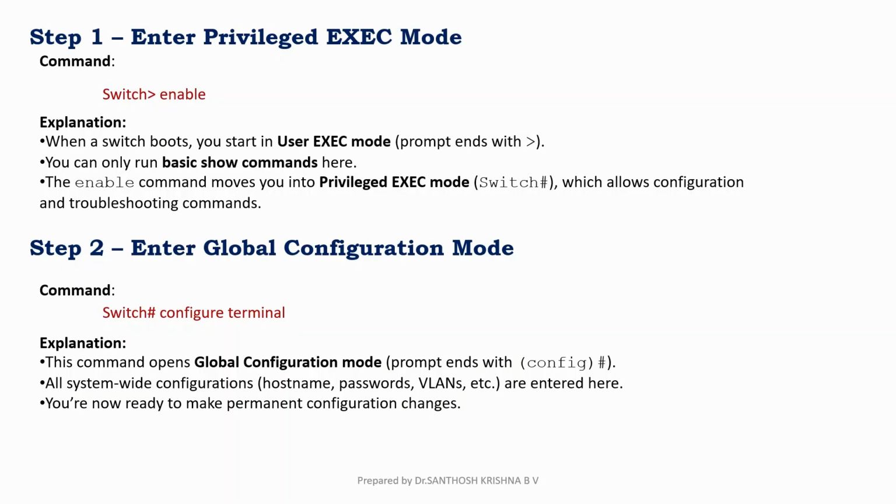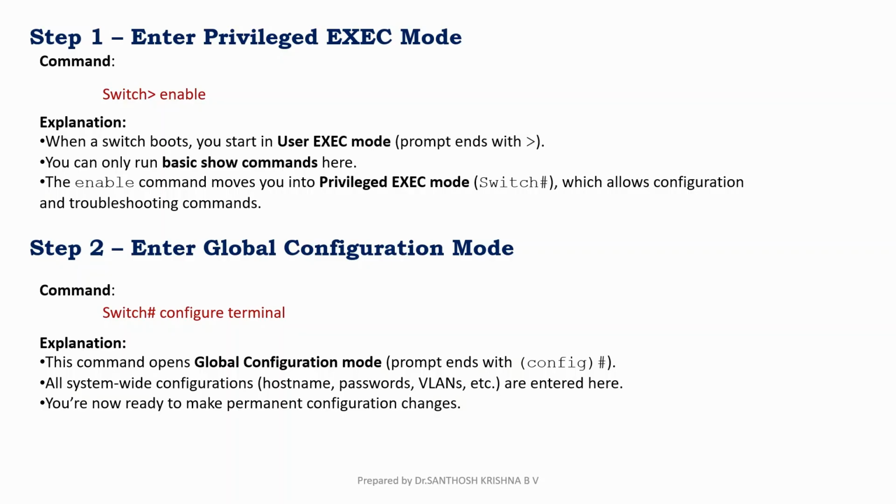So, what are the steps involved in basic switch configuration? First, we need to enter the privilege mode. Whenever we turn the switch on, it will be in user execution mode. The command enable, just a simple command, will move us to privilege execution mode.